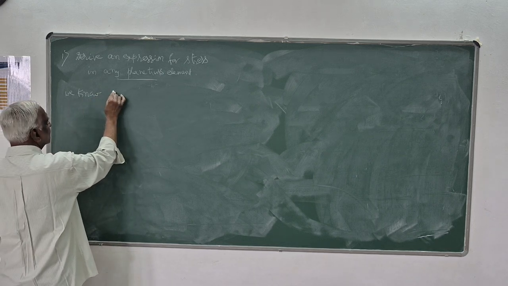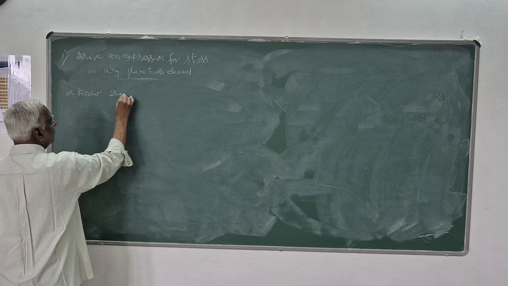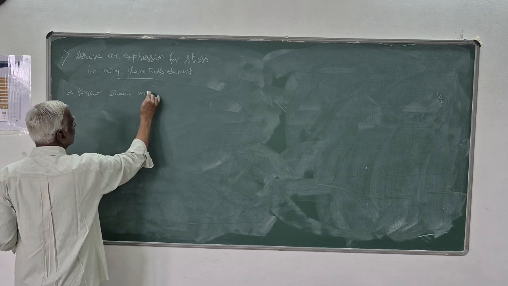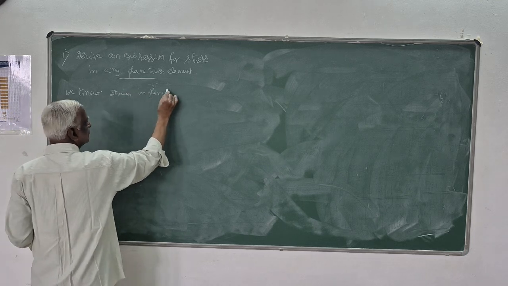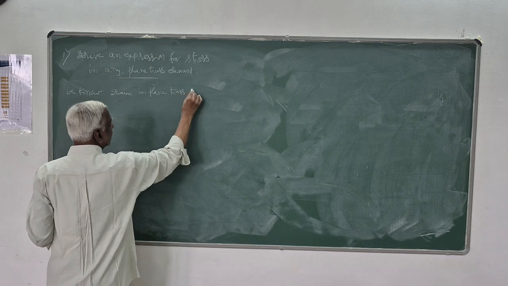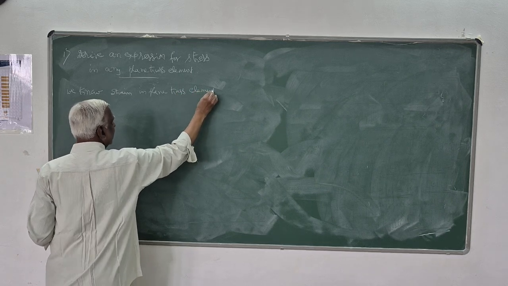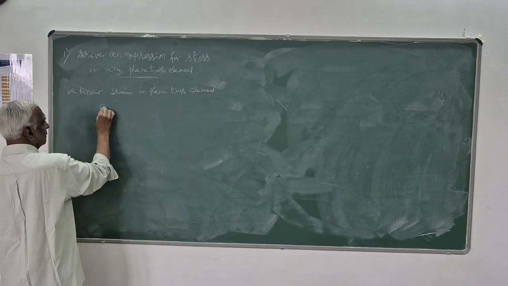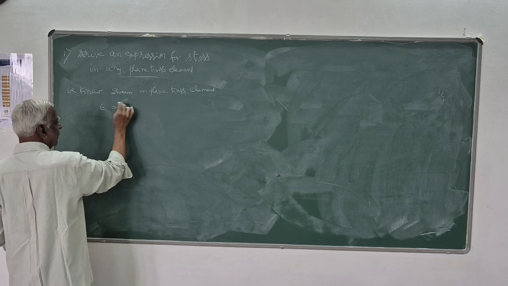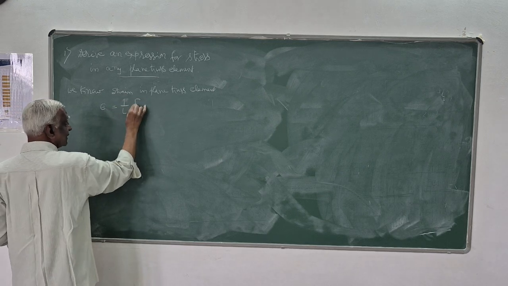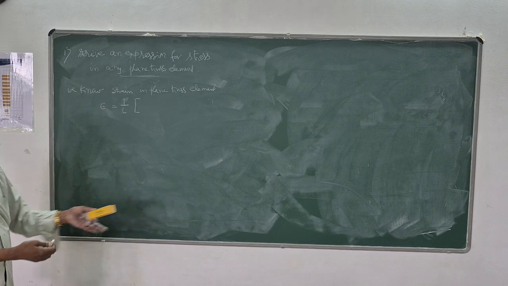We know strain in a plane truss element, epsilon, is given by 1 by L, and that expression you have to remember, I told you. Just now I derived it.